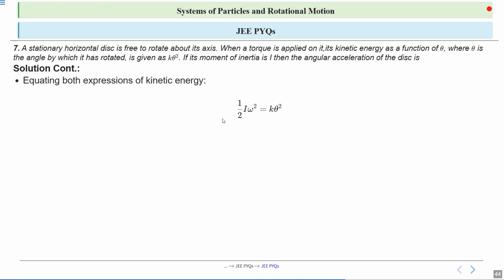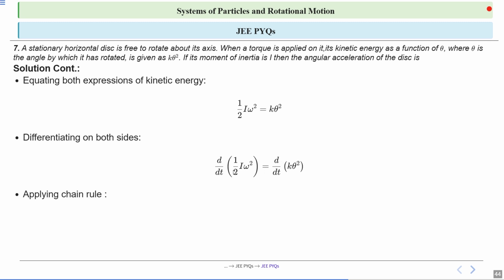Equating both expressions, half I omega square and k theta square, and differentiating both sides, we get the differentiation of half I omega square equal to the differentiation of k theta square.